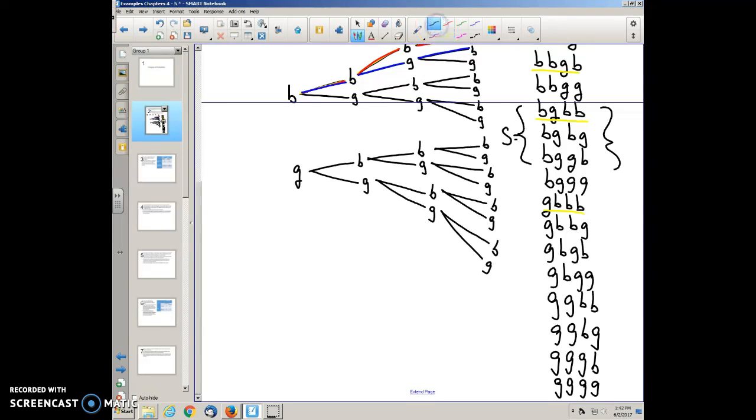So the probability of exactly 3 boys is 4 out of 16, or 1/4.